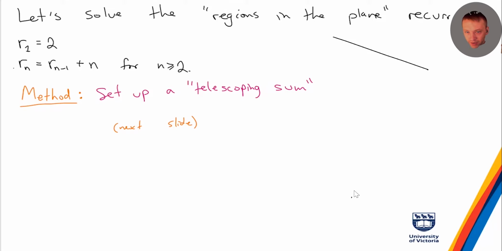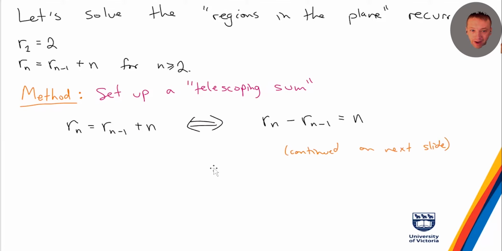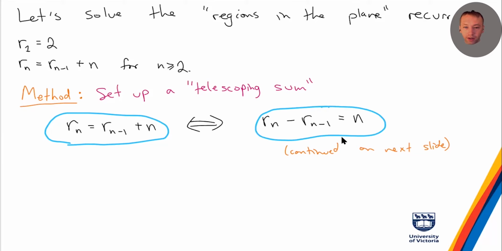So here's one trivial observation. This is my recurrence relation. For reasons we're going to see in a second, it's more useful to pull the Rn minus 1 to the other side, so Rn minus Rn minus 1 is equal to n. Nothing fancy so far. Suppose I write this out, and below it I write the same equation for n minus 1 instead of n.